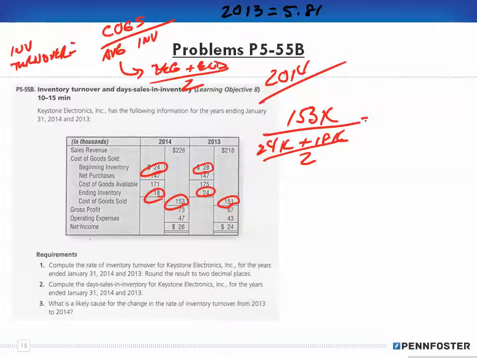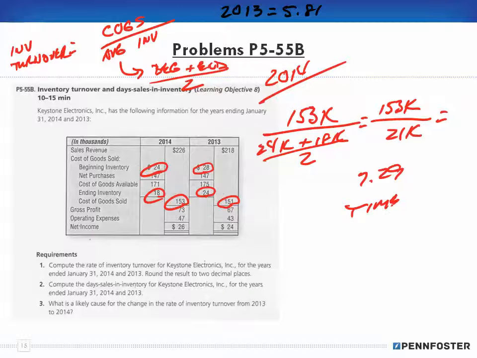So that's 153,000, and 24 and 18 is 42. 42 divided by 2 is 21,000, and that gives us 7.29 times per year. So for 2014, our inventory turnover is 7.29 times per year. Right, so go ahead and pause the video, and I will work on the days sales in inventory.